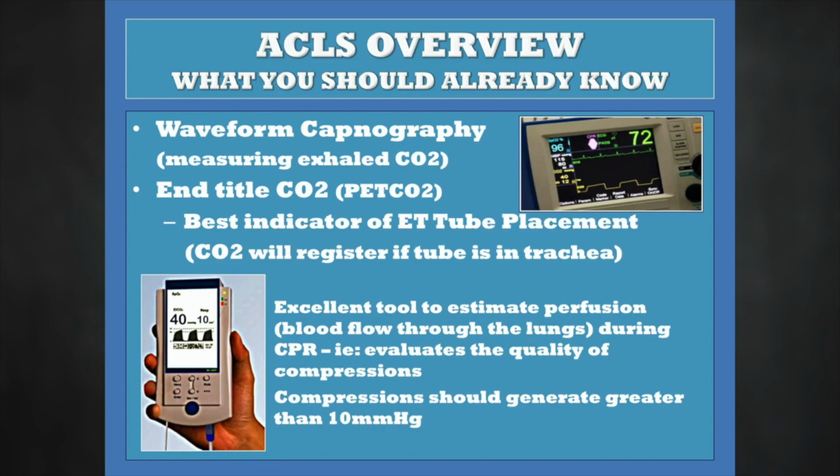A patient who has a pulse generated by CPR should have a value greater than 10. And a patient who is intubated should have an exhaled CO2 reading with a waveform and a number. Those are the tools that we use.